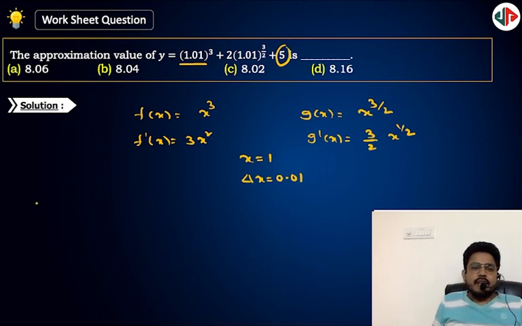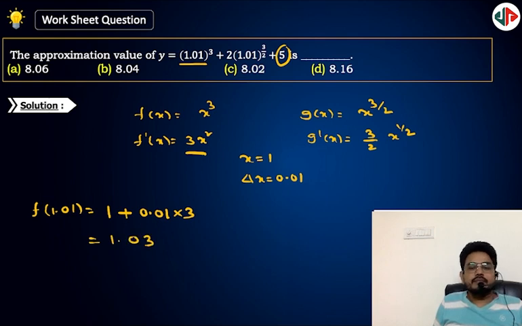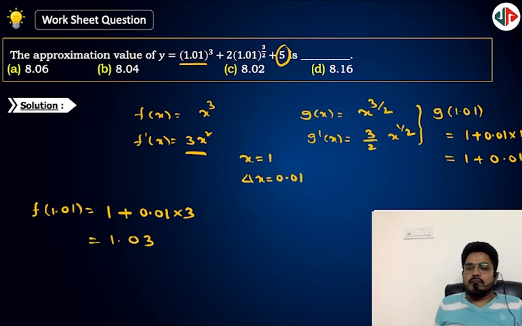So here, f of 1.01 is equal to 1 plus 0.01 into 3, which is equal to 1.03. What about this one? g of 1.01 is equal to 1 plus 0.01 into 1.5, which is equal to 1 plus 0.015, so this is 1.015.